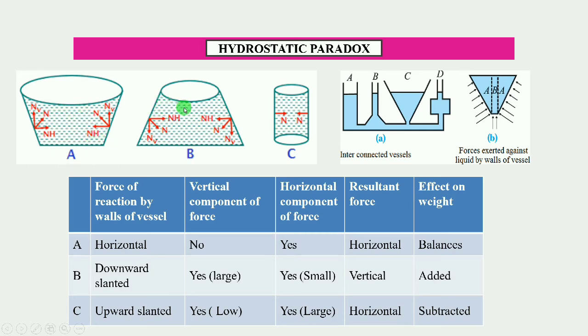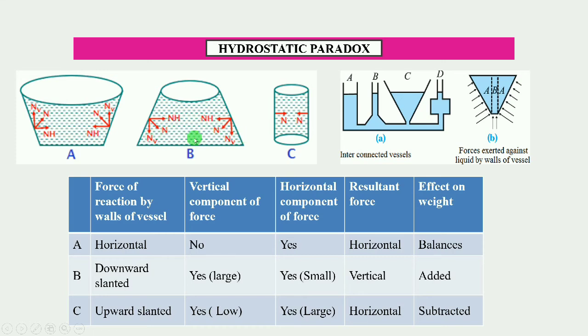Suppose we consider this vessel which is downward slanted. In that case, the normal reaction of the wall on the liquid will be like this, normal to the wall. Again you resolve it into two components, horizontal component and vertical component. Again the horizontal components are cancelled by one another.